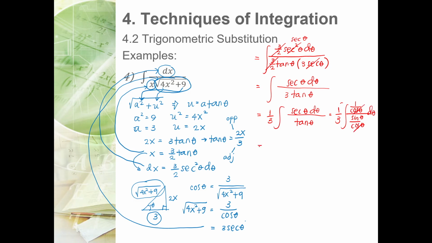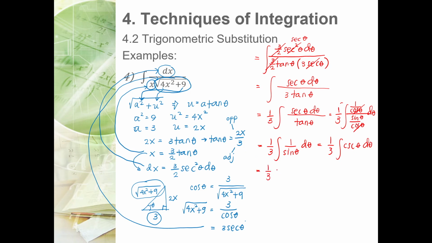It simplifies into 1/3 integral of 1 all over sine theta d theta, or 1/3 integral of cosecant theta d theta.